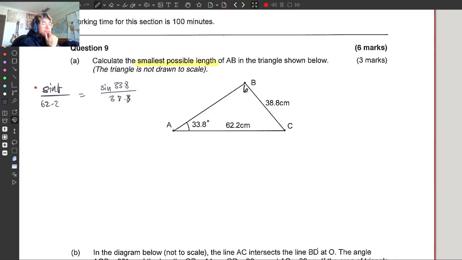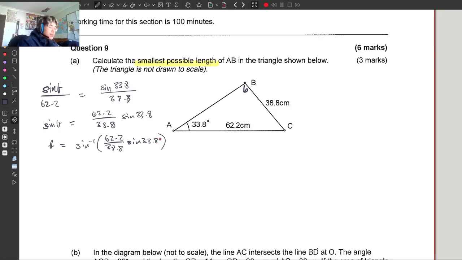We can then rearrange this equation to find b. Sine of b is then equal to 62.2 over 38.8 times sine of 33.8. You could just put this into your ClassPad and solve for b in one swift step, but I'm doing it this way because I don't have a ClassPad. Therefore, b is equal to the inverse sine of this number here.